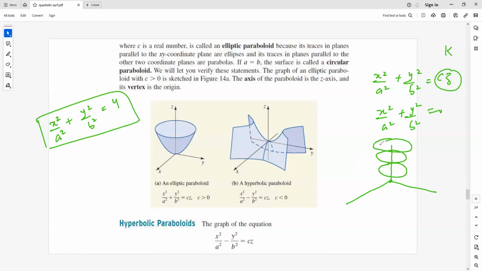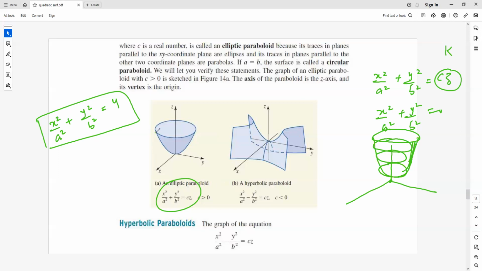Now, if we join all these ellipses, we will get a paraboloid like this, right? So this is a paraboloid. So this equation is the equation of an elliptic paraboloid, whose cross section is elliptical. That's why it's called an elliptic paraboloid, right?